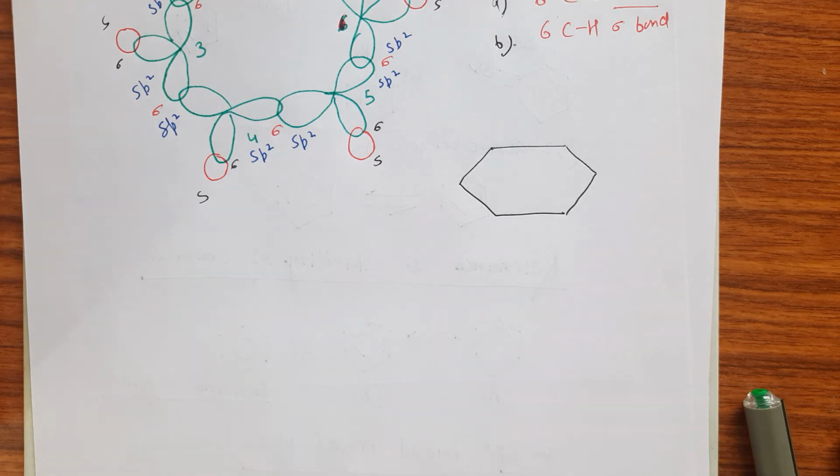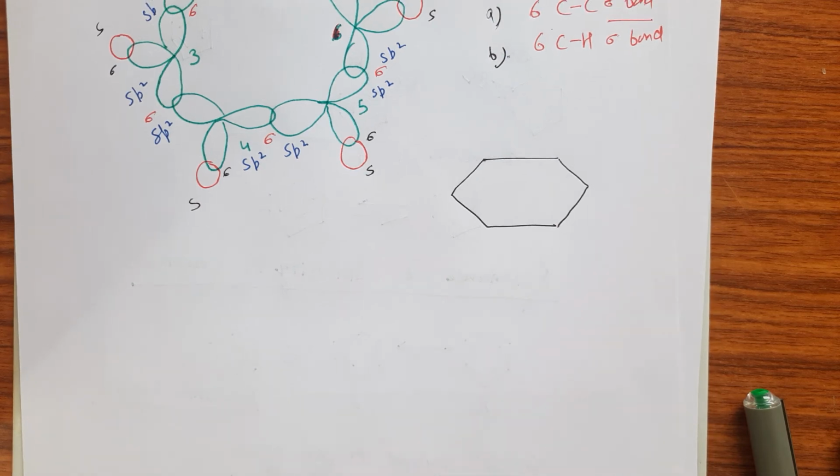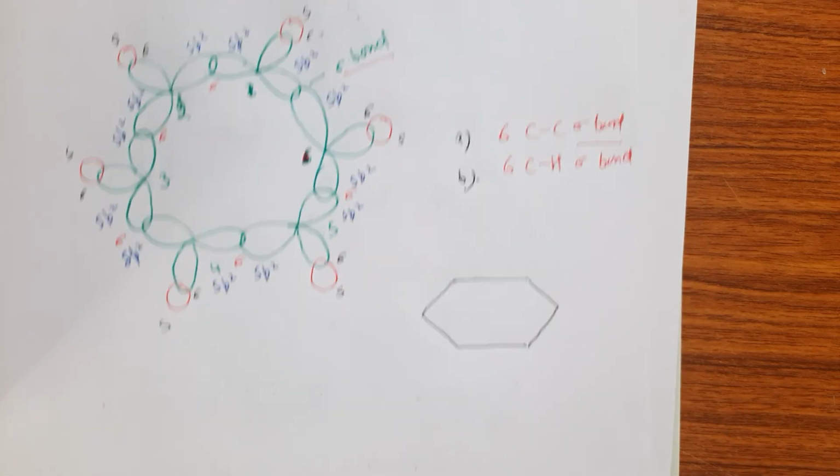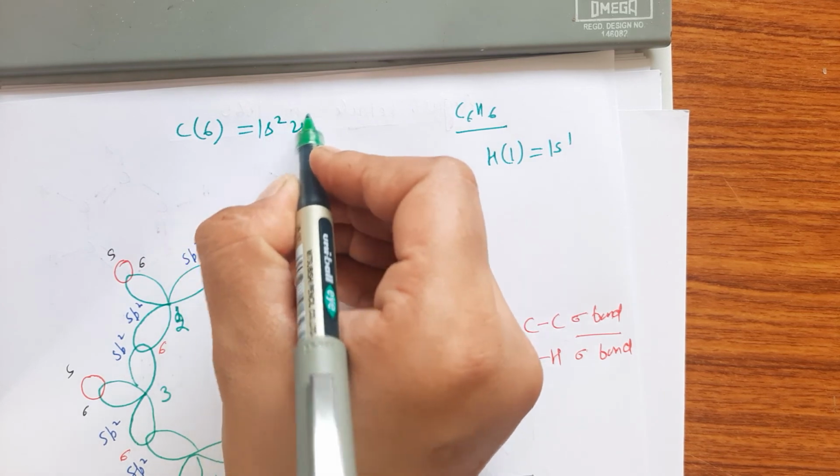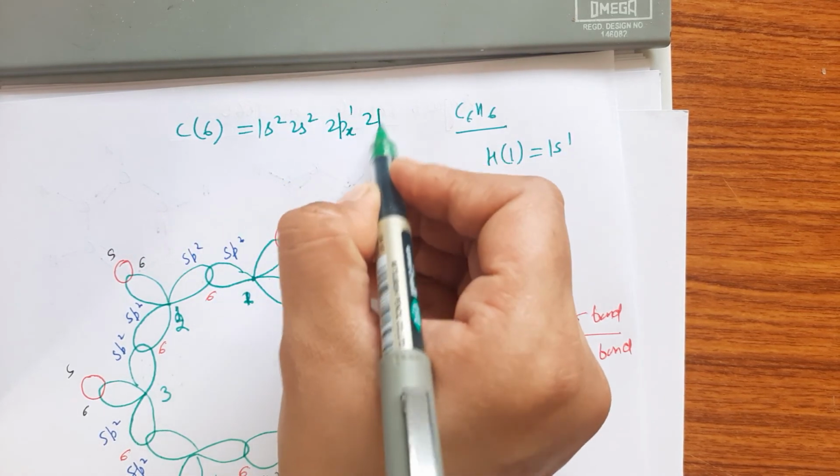Now we have to show the pi bond formation in the benzene. So the unhybridized p orbital: this is C6, that means 1s2, 2s2, 2px1 and 2py1.